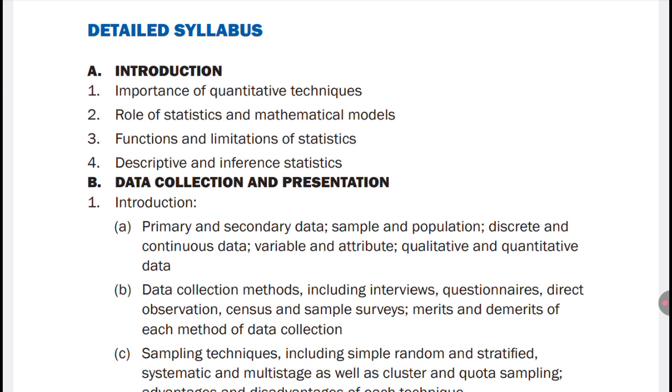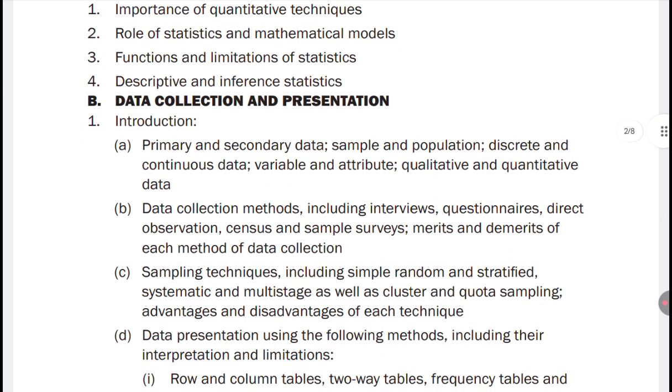is for the introduction, and within the introduction there are certain things that we shall first look at. First of all, we shall look at the importance of quantitative techniques, the role of statistics and mathematical models as we are going to see them. Then section B, or chapter B, we shall be looking at what we call data collection and presentation.